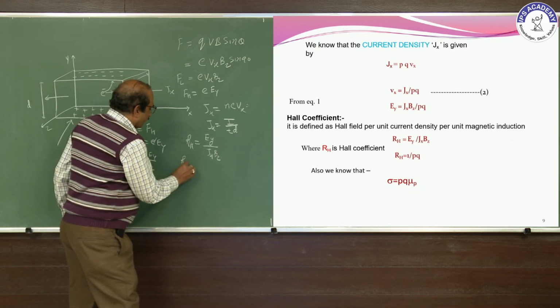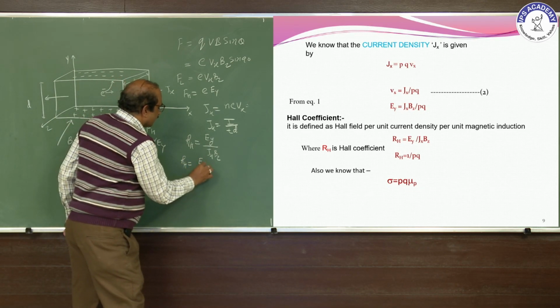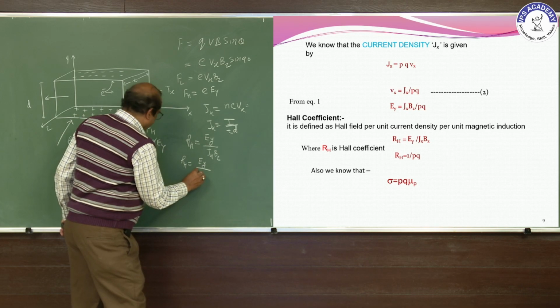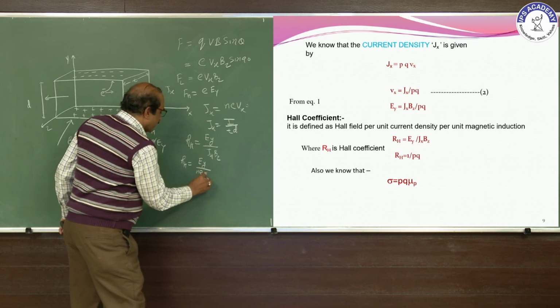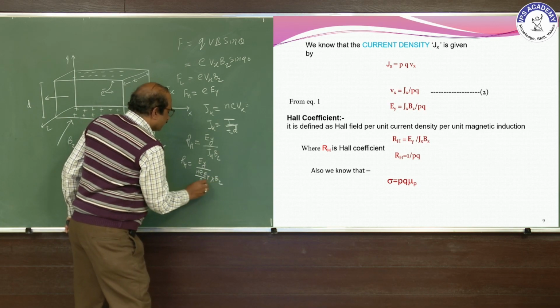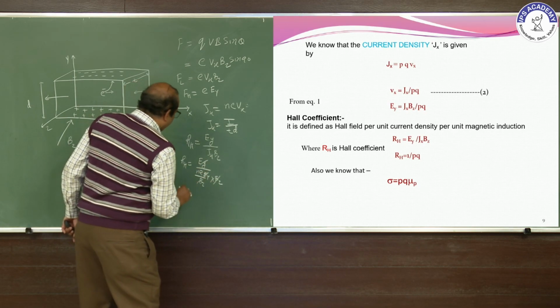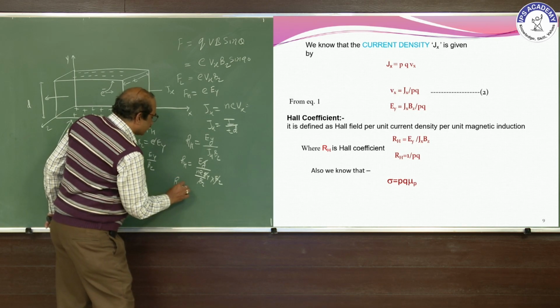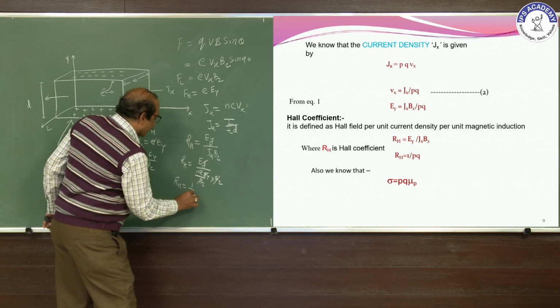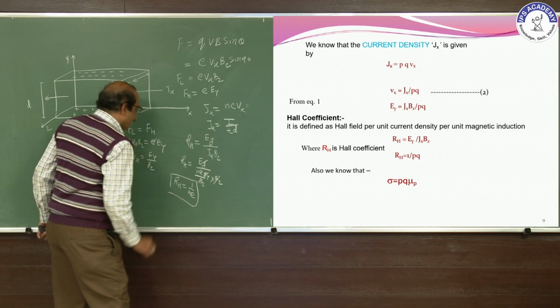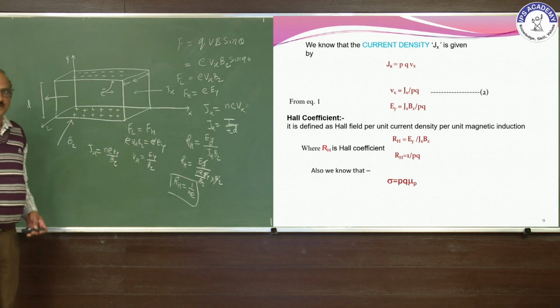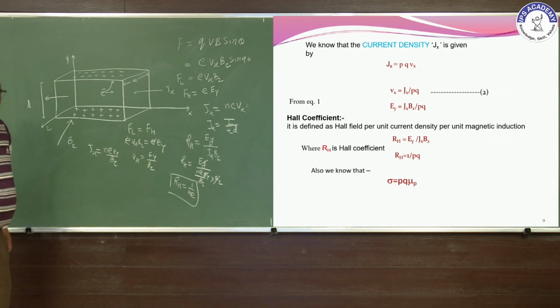So we get the Hall coefficient RH equals Ey upon ne Ey by Bz into Bz. Bz cancels out, Ey cancels out. So RH comes out to be 1 by ne. That is the Hall coefficient we derived earlier.